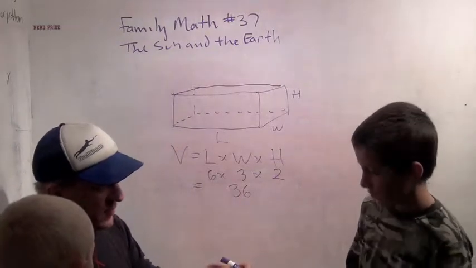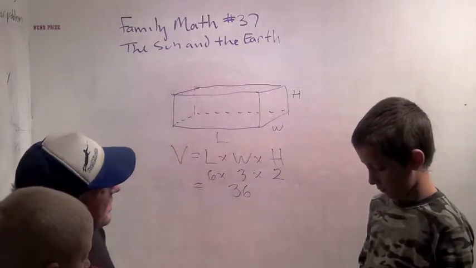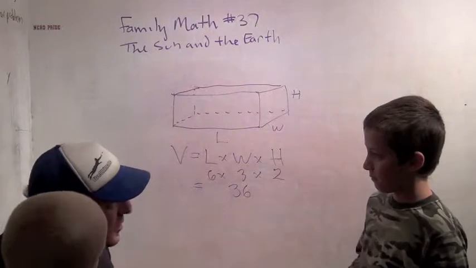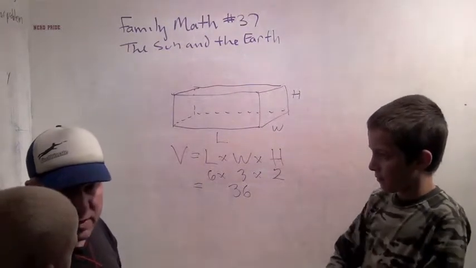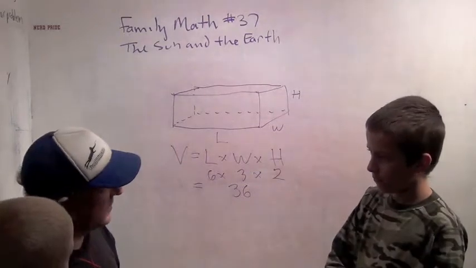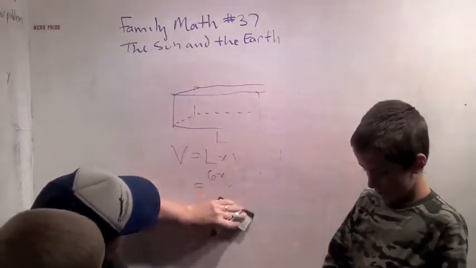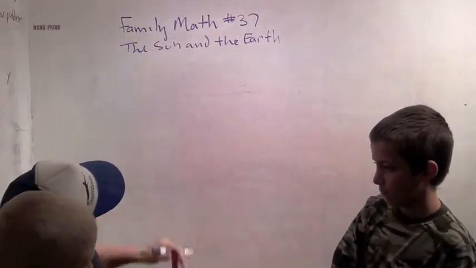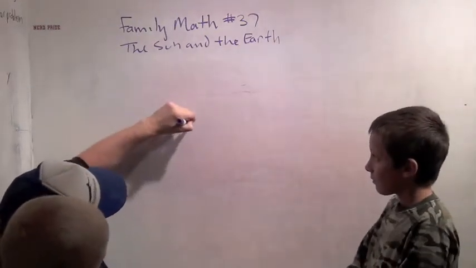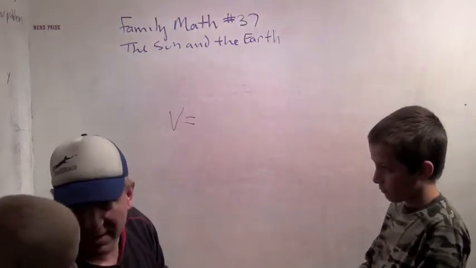Now, for boxes like this, it's actually pretty easy. But for spheres, does anybody know how to get the volume of a sphere? No? Okay. Well, I am just going to tell you the volume of a sphere. Are you ready for this crazy formula? This might be the craziest formula you've ever seen.